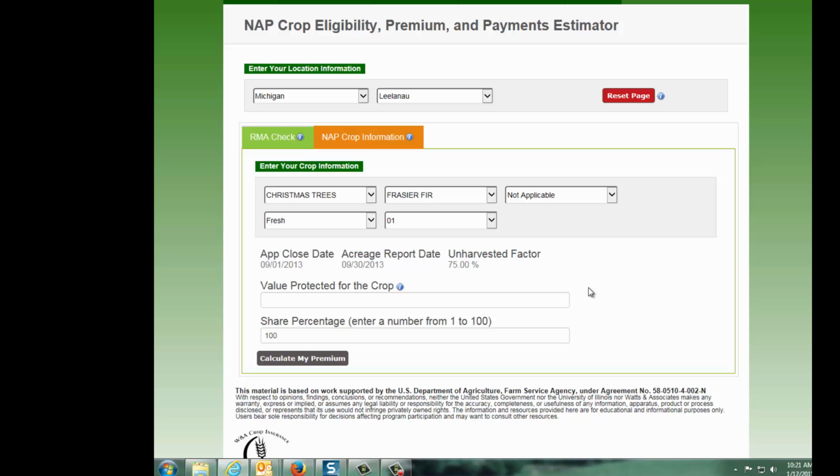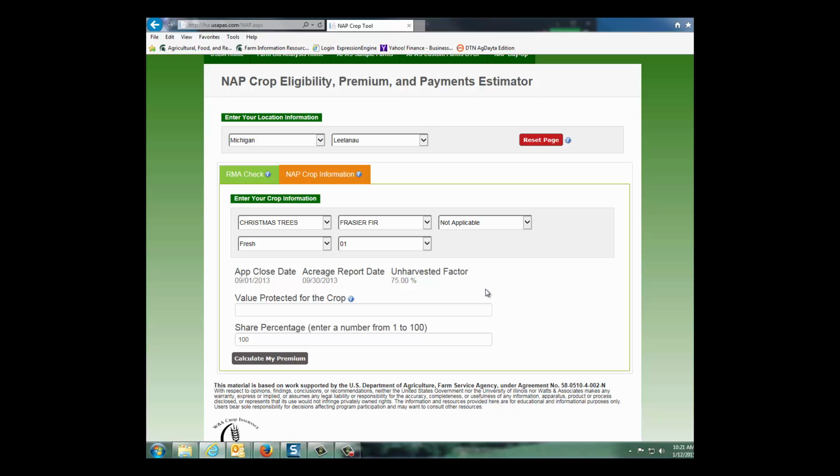This is a very different thing. You're not trying to protect some yield. You're trying to protect some value. That value can be of your whole Christmas tree farm. That value can be for a particular year you planted trees, or something along those lines.